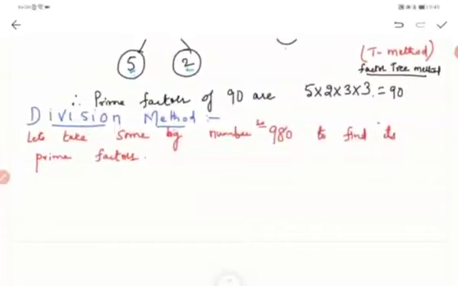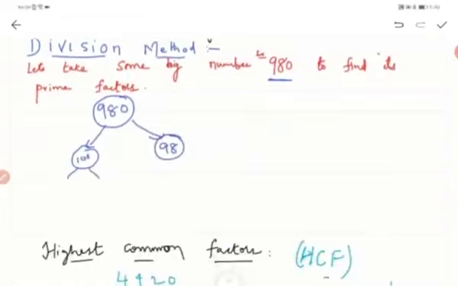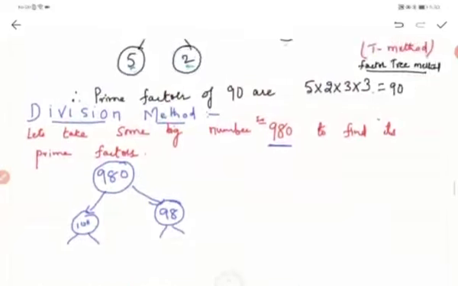If I take the number 980 and go by this T model, it becomes difficult, so I can take this as 100 into 98, and then you need to split 100 and split 98 again, like this. Instead of this, the easiest thing we will do is go by the division method.